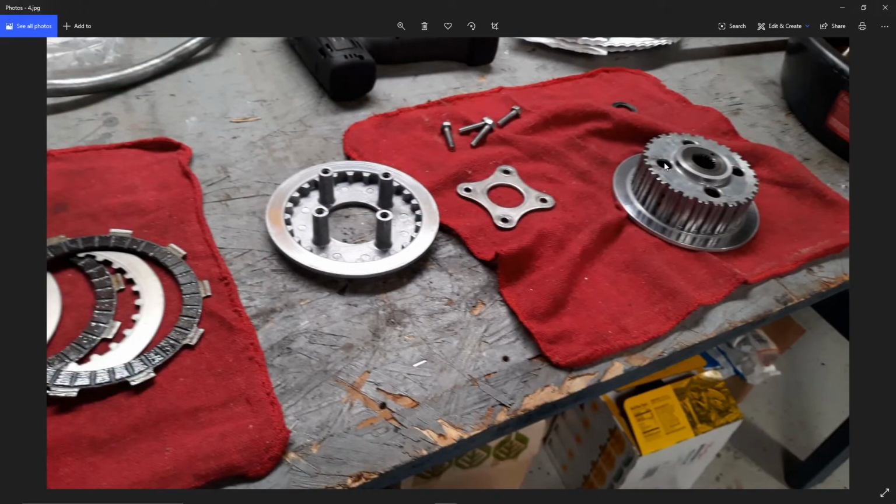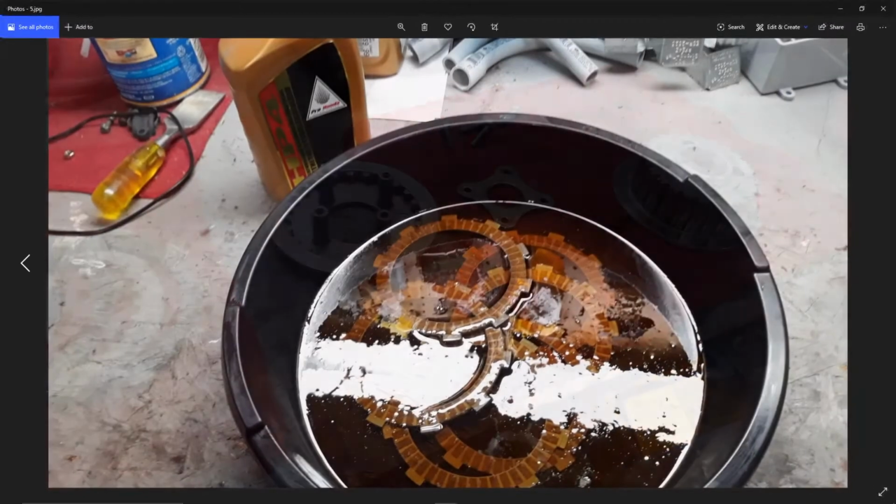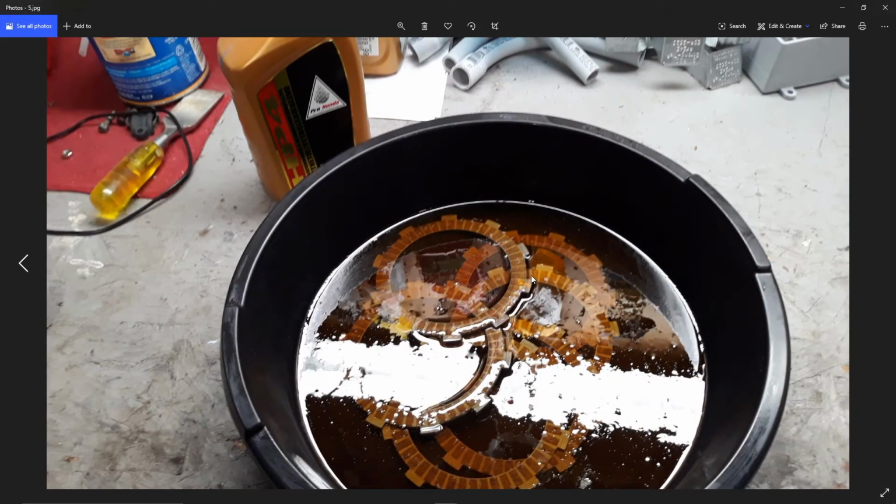Here it is. So this is flipped upside down, but the frictions would go on the inner circumference of this guy here, and the steels will slide over the outside here and then be mated to that one. And because they're wet clutches, if you ever change one, when you get the new ones, you got to make a little oil marinade here.